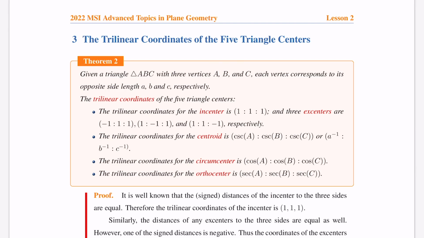Today, let's very quickly go over these five triangle centers. The point I want to make is that we can easily compute the trilinear coordinates of those triangle centers, and we can make use of them later. All right, the number one center for a triangle is called the incenter.